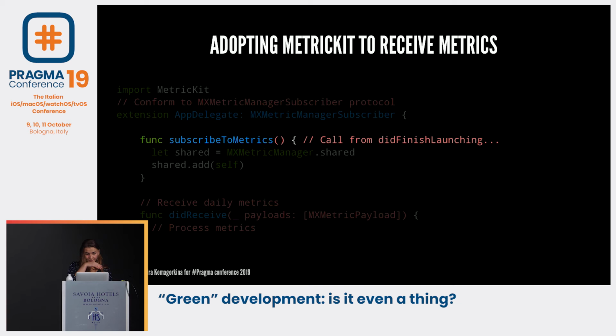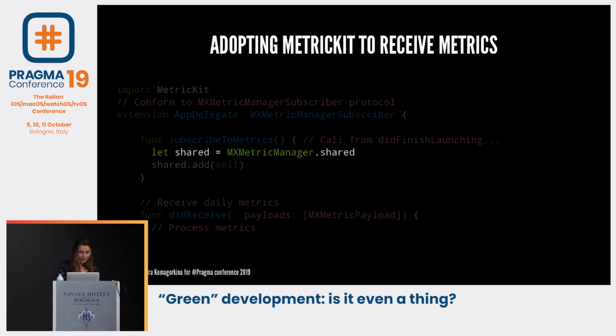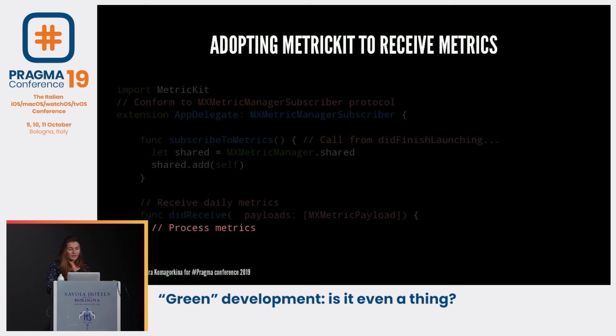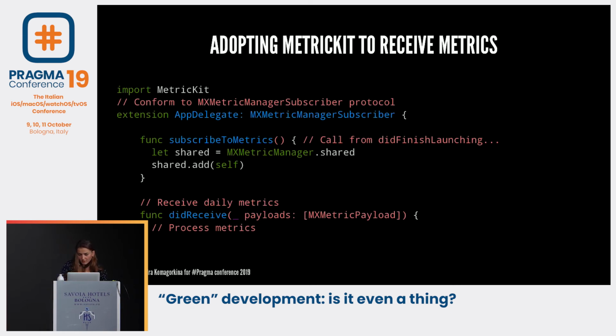Then you use MXMetricManager. It is a singleton, and you add a subscriber to it, and then you implement the method of a protocol to receive these metrics, and we process the metrics. This is how basically it will be done.